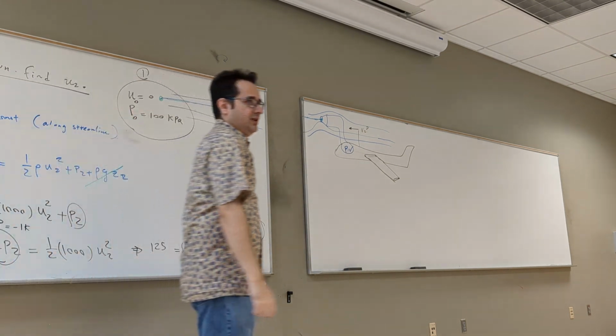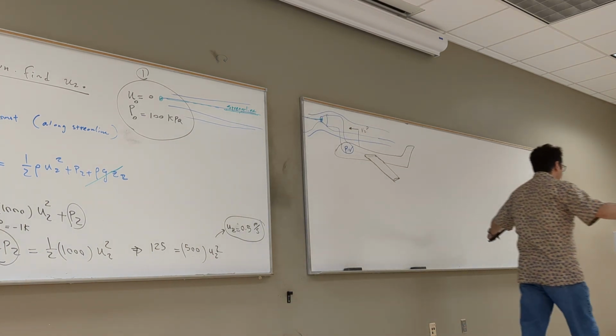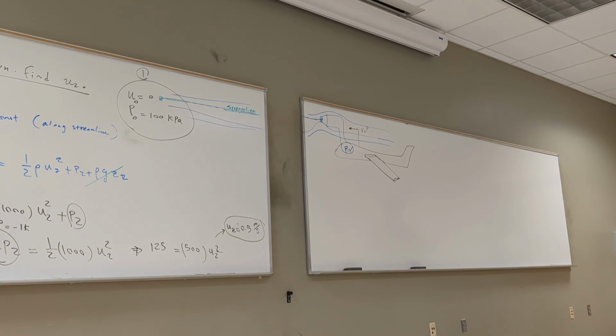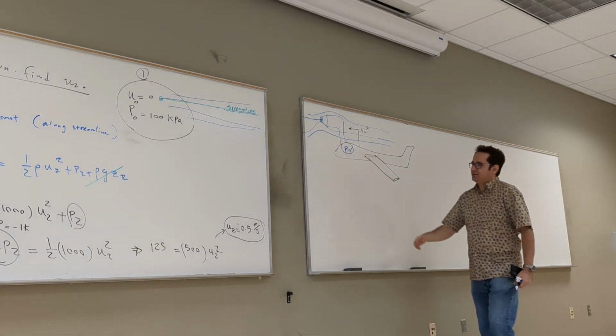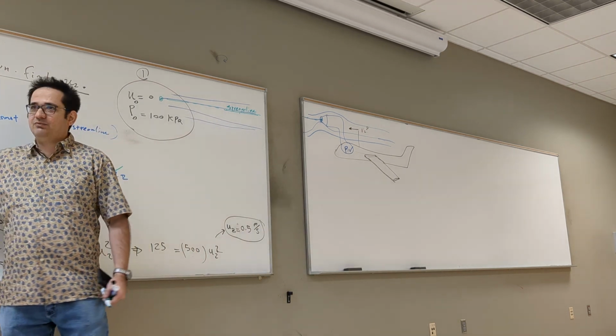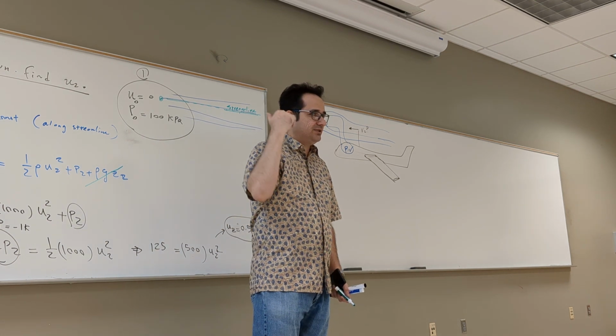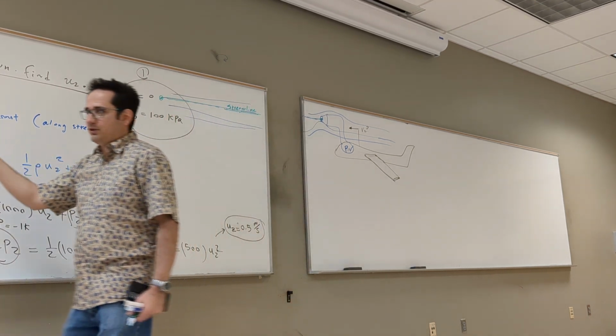I can use it. Now, what if this aircraft is flying near the speed of sound? What happens? If you fly near the speed of sound, first of all, the density in this equation is not constant. That's the reason we took it out of the integral. You remember when we did the line integral for the Bernoulli equation?